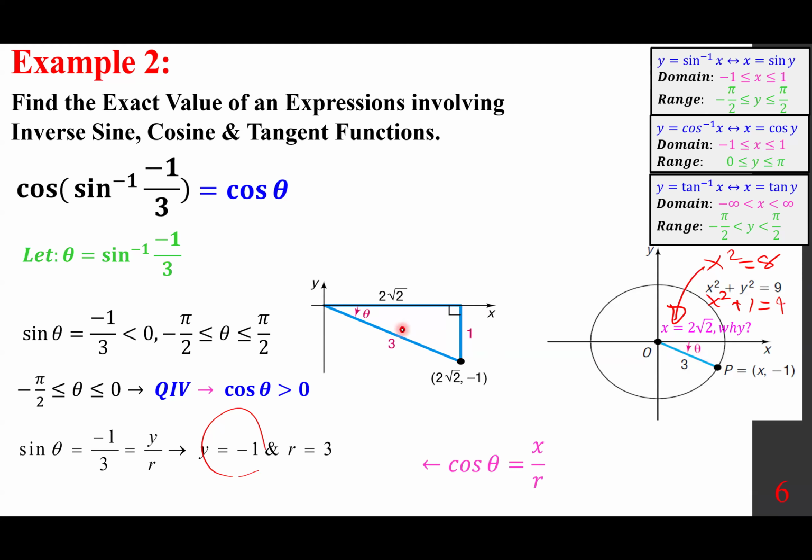We can do it by the identities. We know sine squared plus cosine squared is 1. Sine is negative 1/3. If I square that, I get 1 over 9.